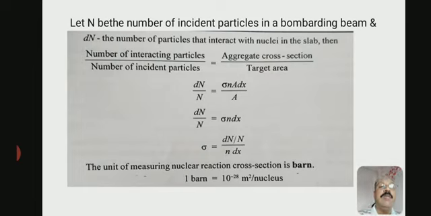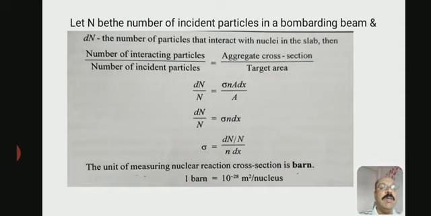Let n be the number of incident particles in a bombarding beam and dn be the number of particles that interact with nuclei in the slab. Then the number of interacting particles divided by the number of incident particles is equal to the aggregate cross section divided by the target area. dn upon n is equal to sigma n a dx divided by a.